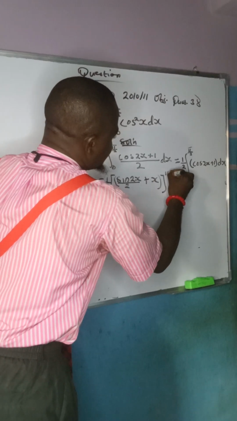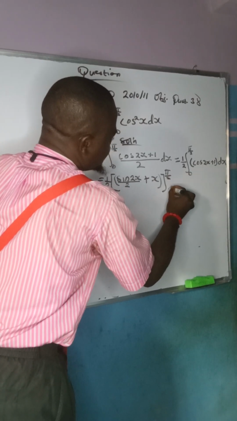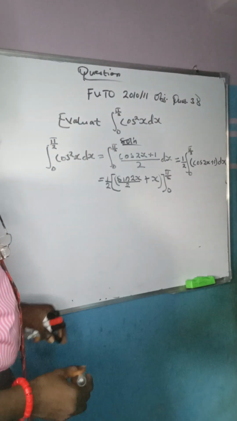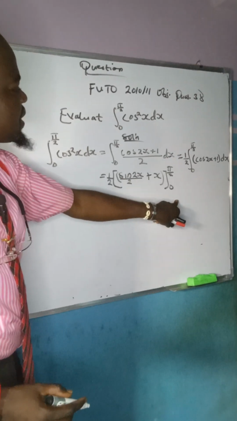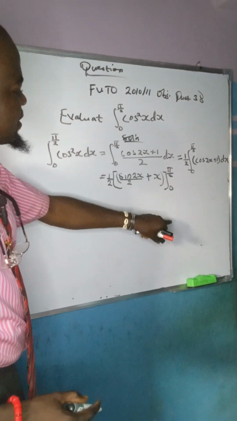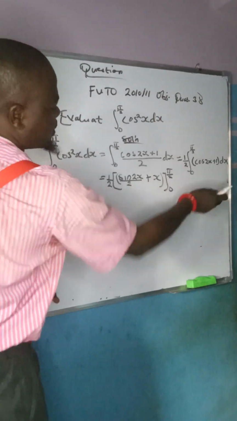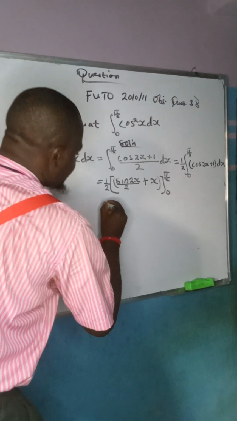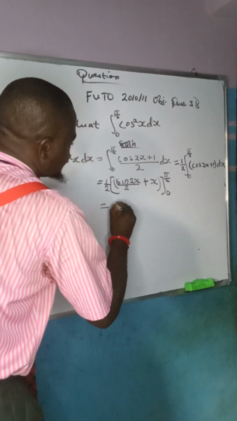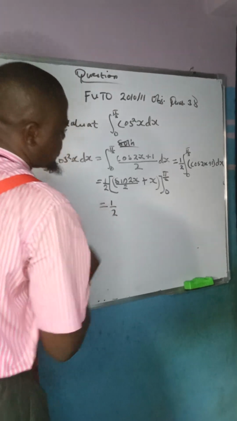the bound pi over 2 to 0. Now what you do here, if you have a bound like this in a definite integral, you first substitute the upper bound minus substitute the lower bound. There it is. 1 over 2 will be out there.